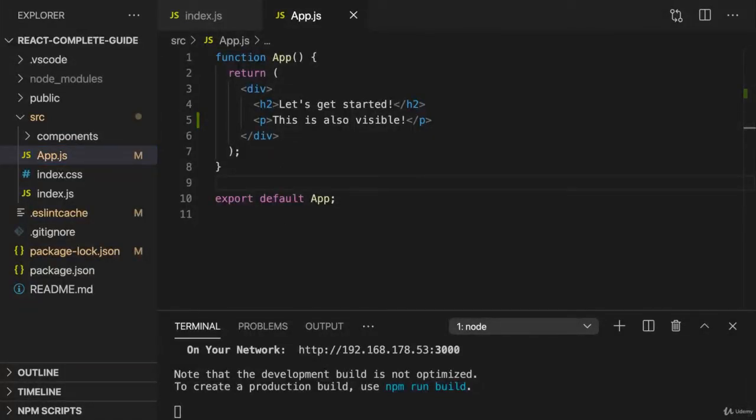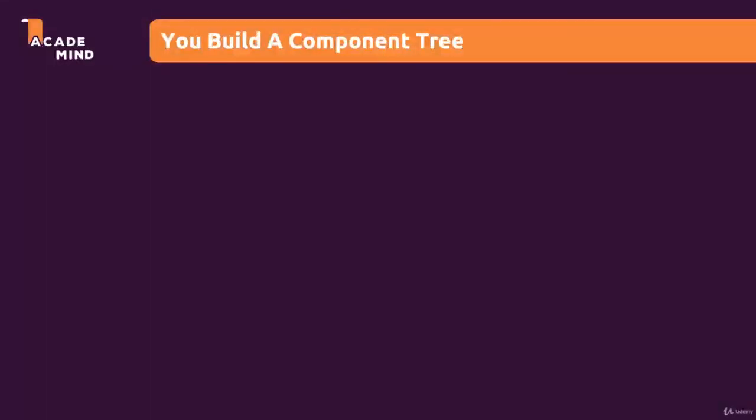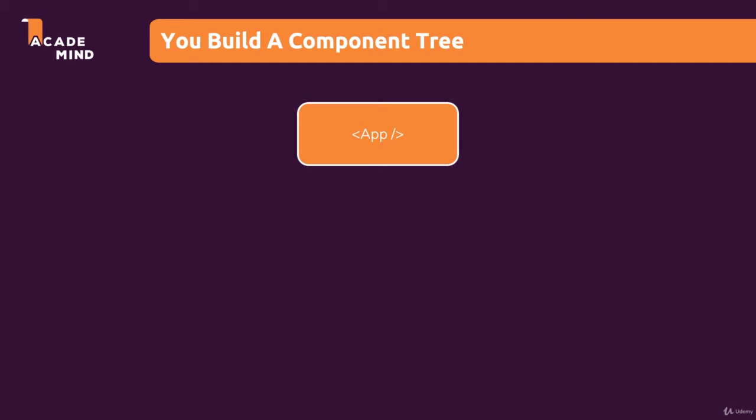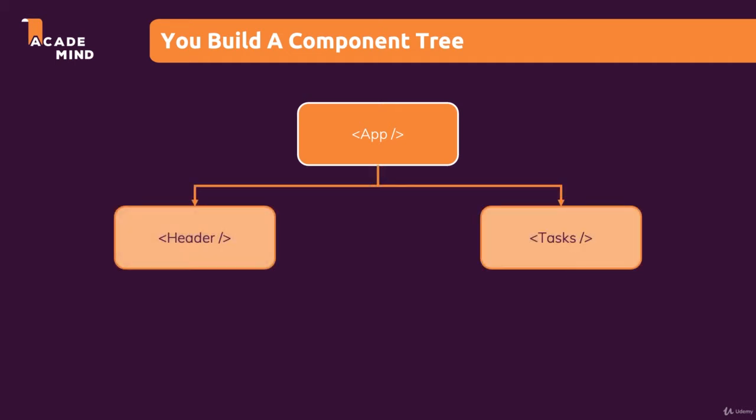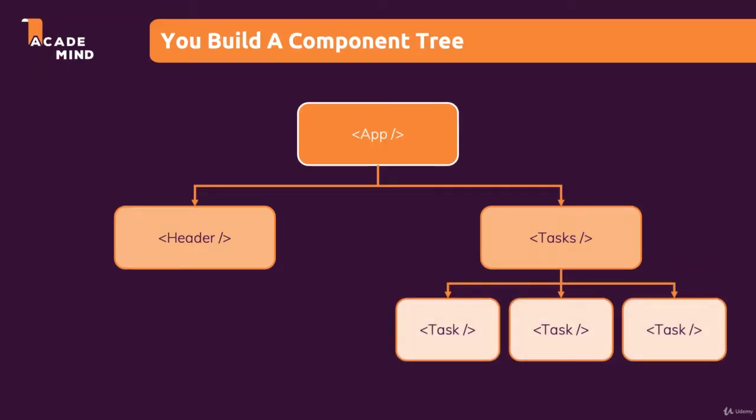Because ultimately with React, we build a component tree, you could say. You have this main App component at the top, and then below that, you could have any other kinds of custom HTML elements, so other kinds of components, which in the end hold other pieces of the user interface.